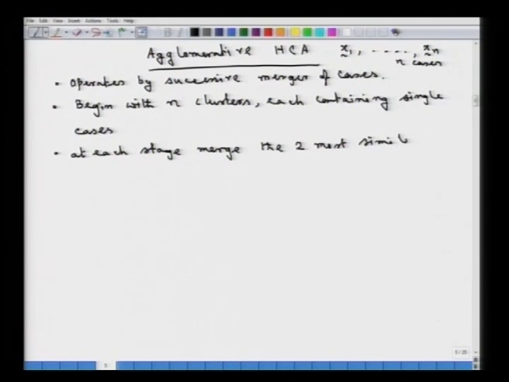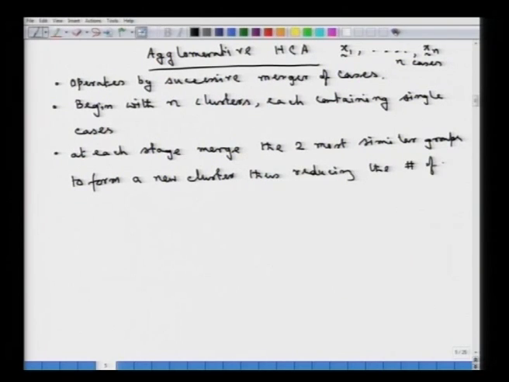The most similar nature of course is going to be defined shortly. Thus reducing the number of clusters by 1. So, from n clusters we will come down to n minus 1 clusters.